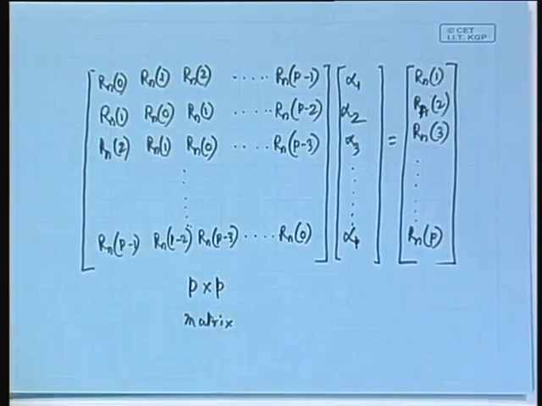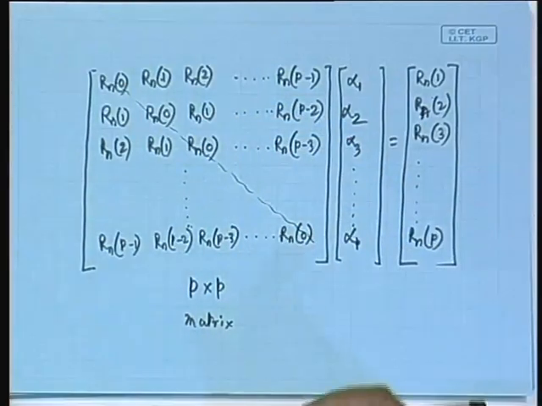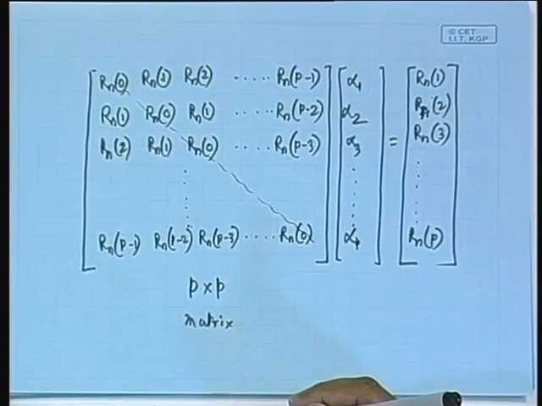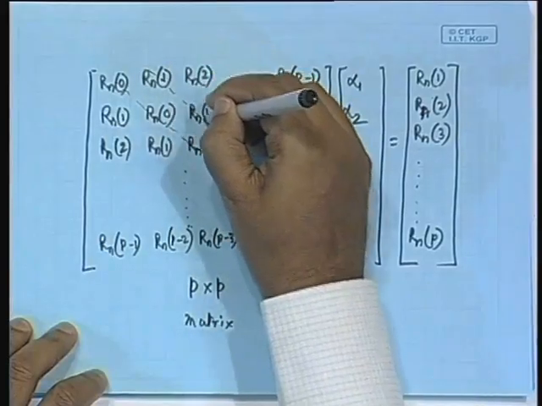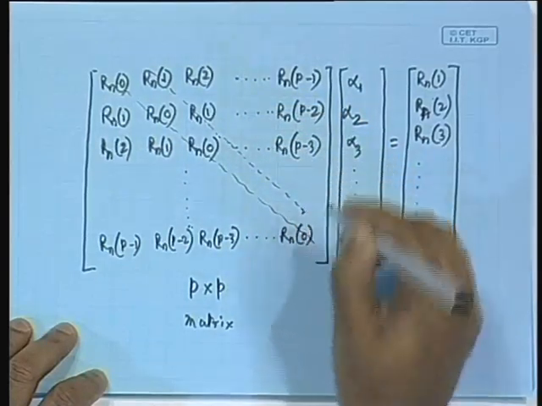And other than the symmetry, you notice yet another interesting property of this matrix. Just travel along the diagonal, what are you seeing? All the diagonal elements are the same. Travel along any diagonal, take Rn1, Rn1, Rn1, and here it ends with Rn1.